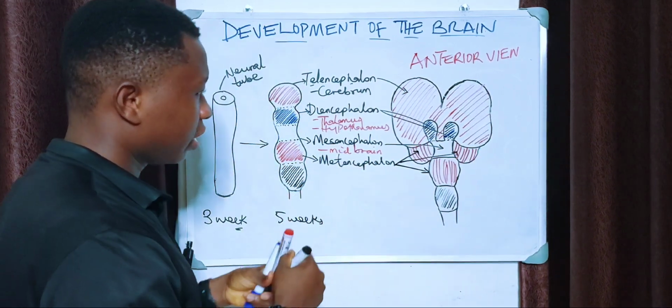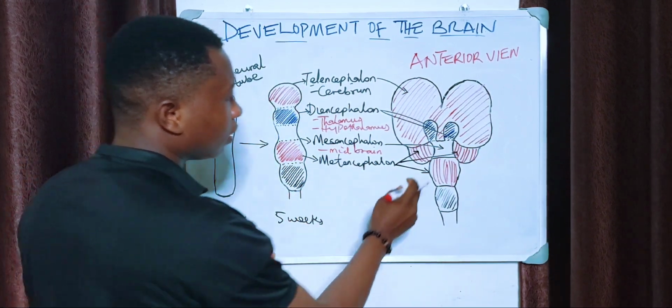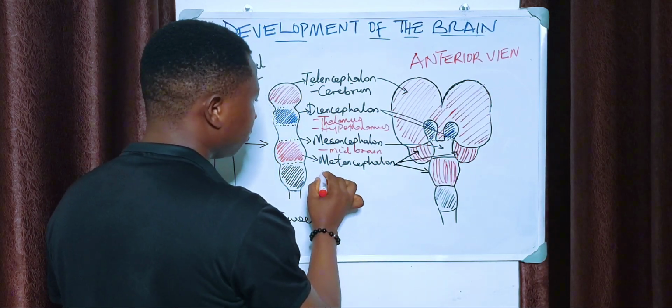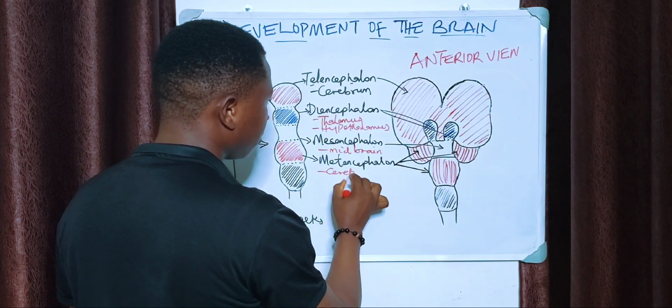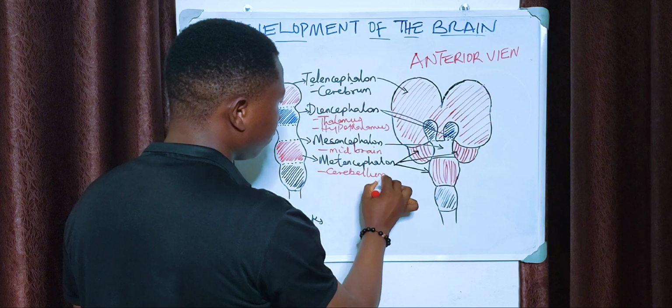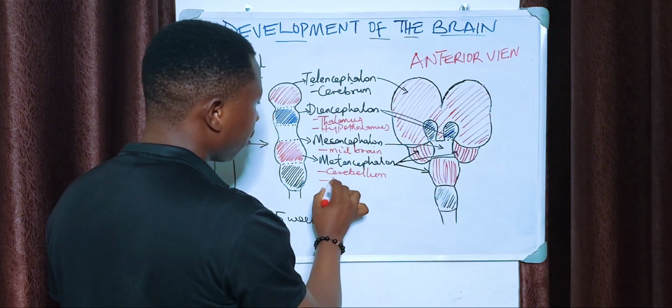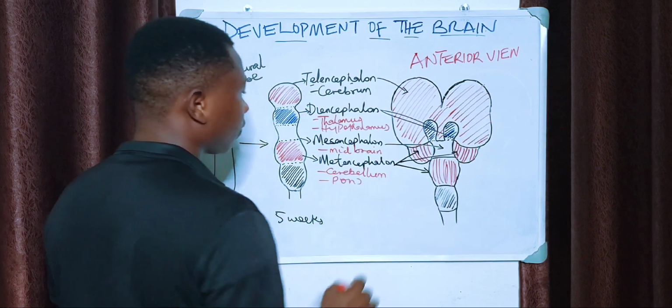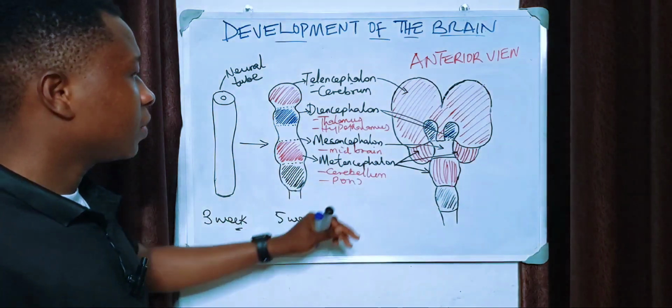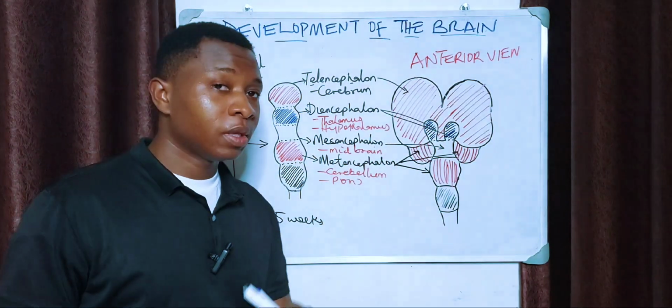So what are the structures there? These are called the cerebellum, and this is called the pons. Okay, so the metencephalon is made up of the cerebellum and the pons.